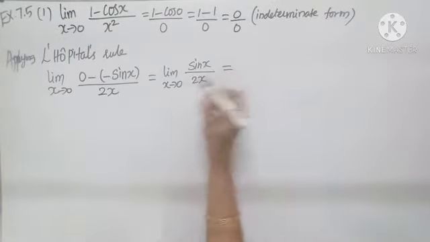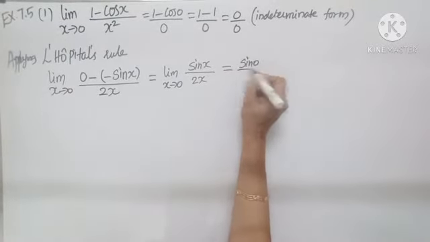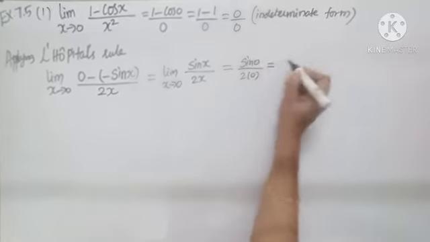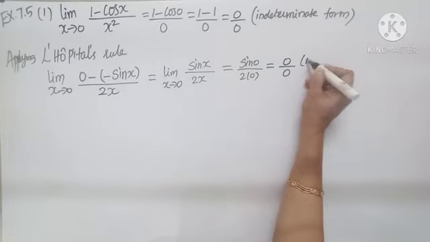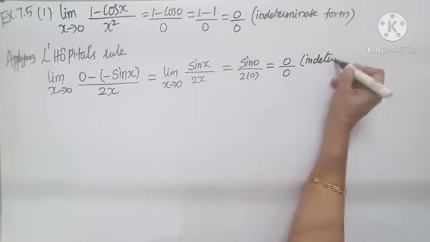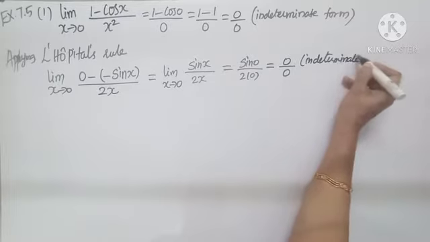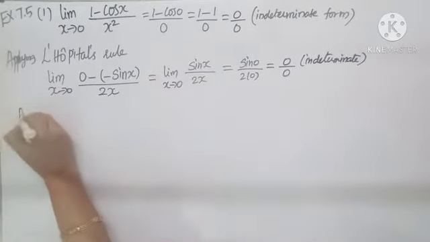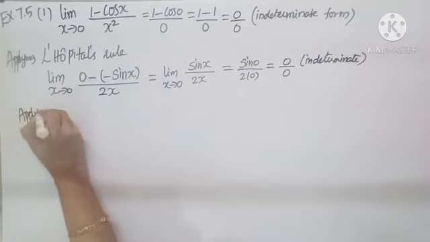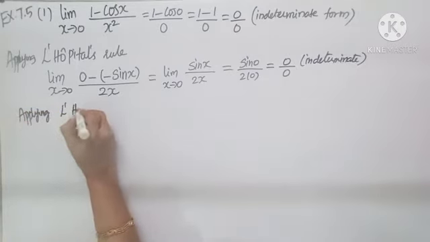If I put the limit, sin 0 by 2 into 0, which is again 0 by 0, that is indeterminate. So apply the rule once again, applying L'Hopital's rule.